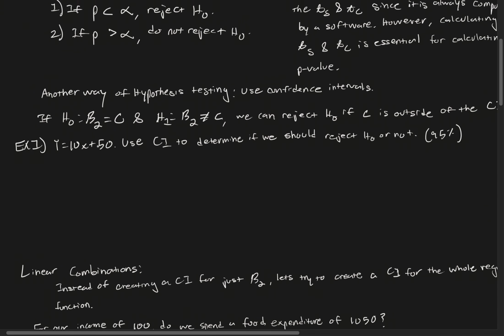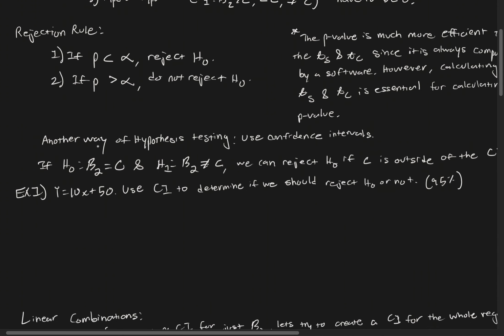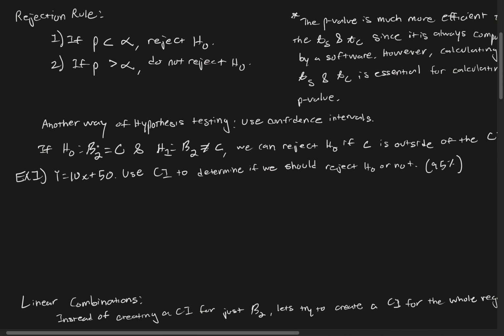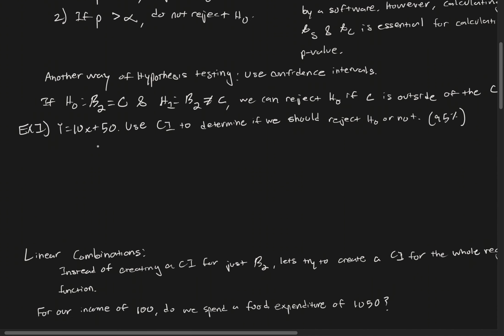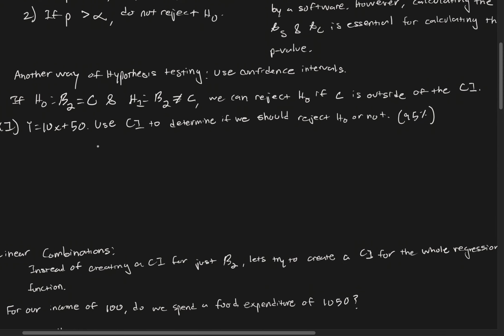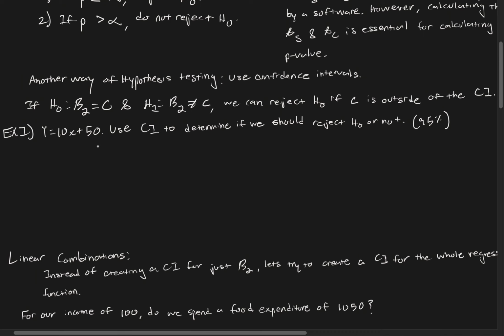All right, we did mention confidence intervals in the last video, and we can actually use them as a form of hypothesis testing. Intuitively, say we're testing whether beta 2 has an effect at all, whether income has an effect on food expenditure.